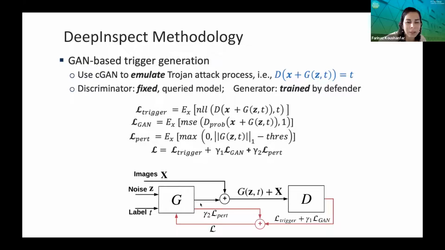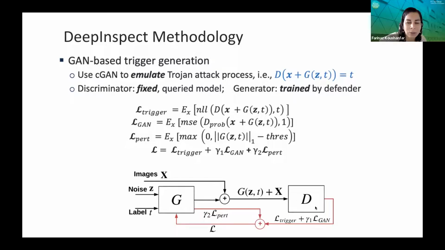So here you see a visual representation, which may make it a little clearer. Basically we look into the discrepancy between the generator and the queried model. We have images that come from outside, and the labels that generate these triggers get added to the image.